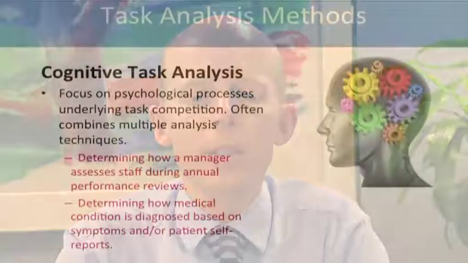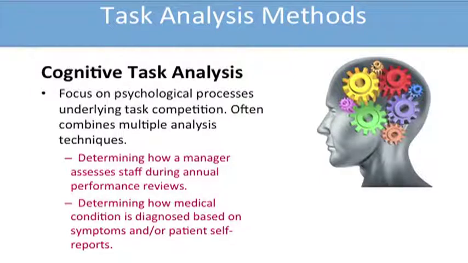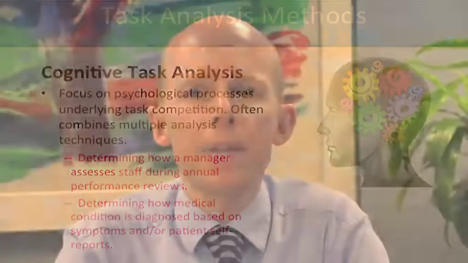The fourth type of task analysis method that we frequently use in needs assessment is the cognitive task analysis. And this focuses on the psychological processes that people use when completing a task or making a decision. It often combines multiple other types of task analysis together as well. So within a cognitive task analysis, you may use the if-then task analysis method or the model method at the same time.